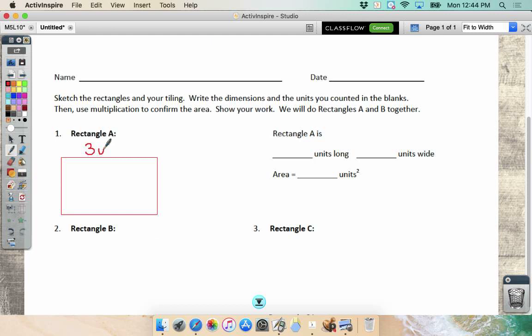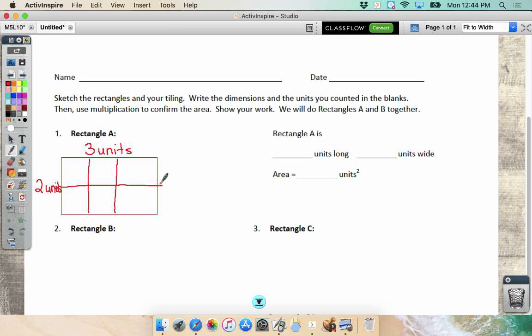How many units were on the top? 3 units times 2 units. And so it looks something like that, only straighter than mine. Okay. And so, you got that drawn? Am I rushing you?